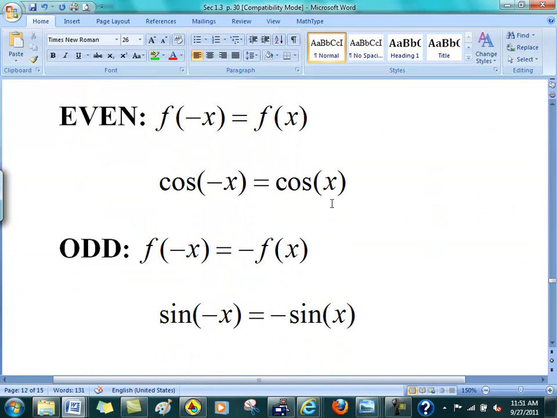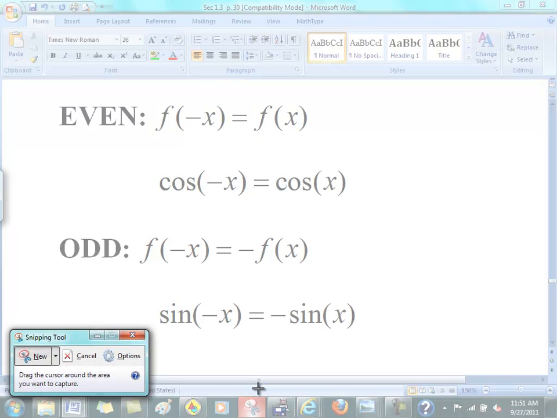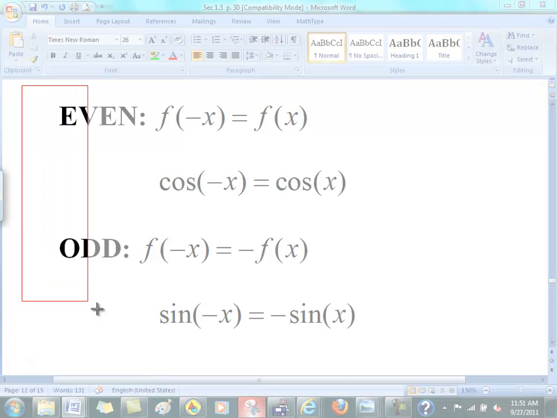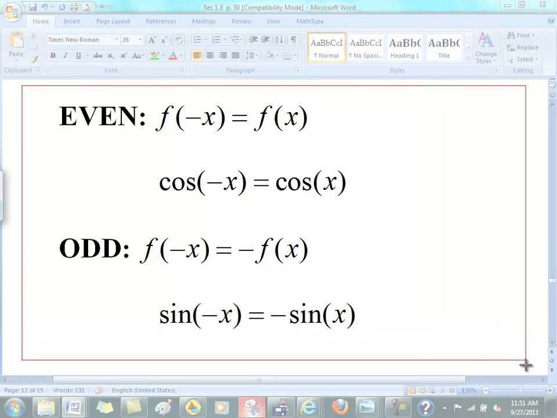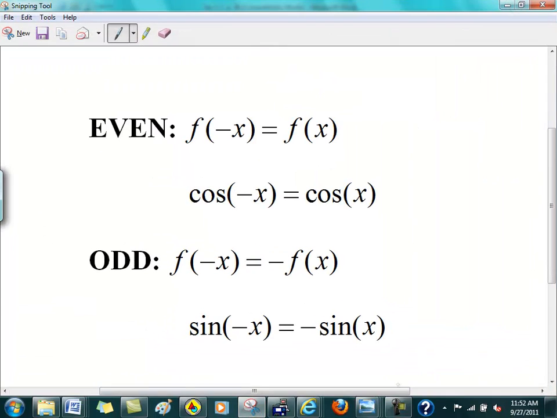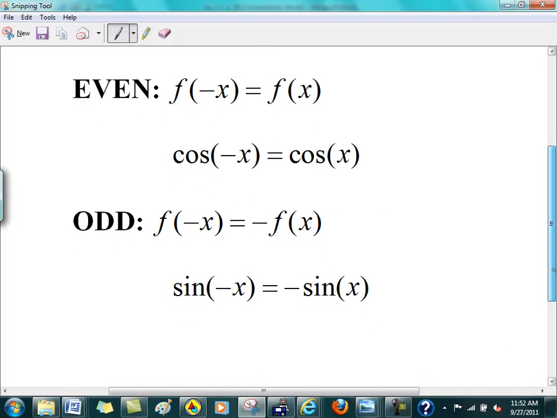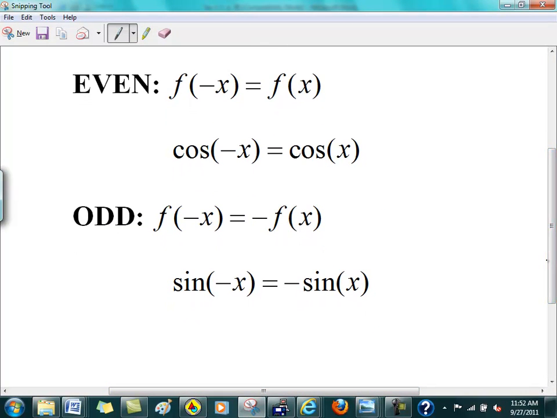So here are mathematically the statements. What I showed you was pictorial or graphical. Here are the mathematical things, okay? Are you taking notes? So this is actually the mathematical definition of an even function.